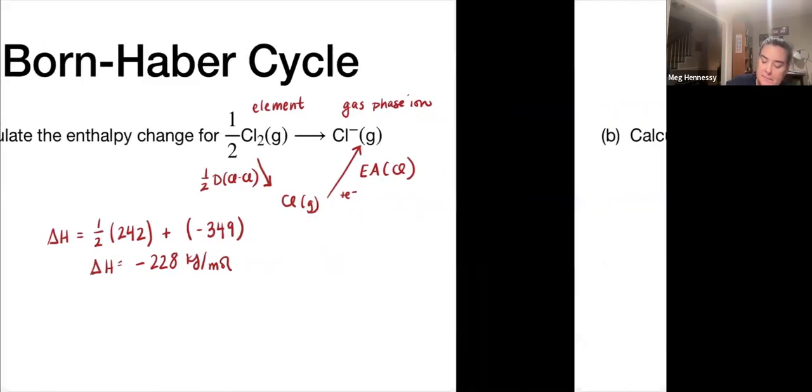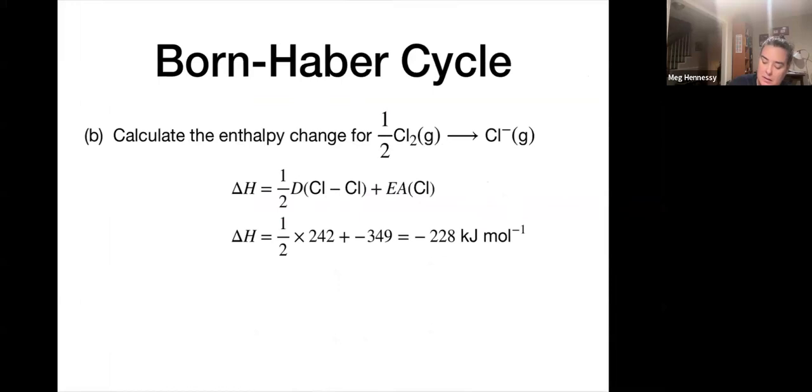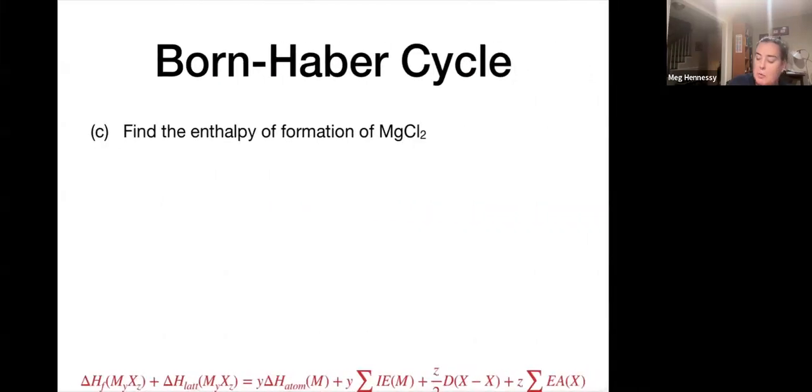Overall, if we wanted to find the enthalpy of formation of magnesium chloride, that's going to be the enthalpy of taking magnesium solid and chlorine gas and combining them together to make magnesium chloride solid.